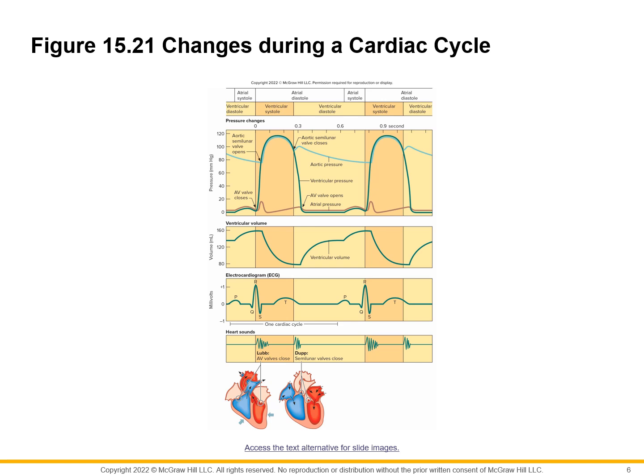After that, the pressure drops in the ventricles, and the aortic and pulmonary trunk valves, which are the semilunar valves, close due to this drop in pressure in the ventricles. So closure of the semilunar valves will lead to the second heart sound, which is the dub.